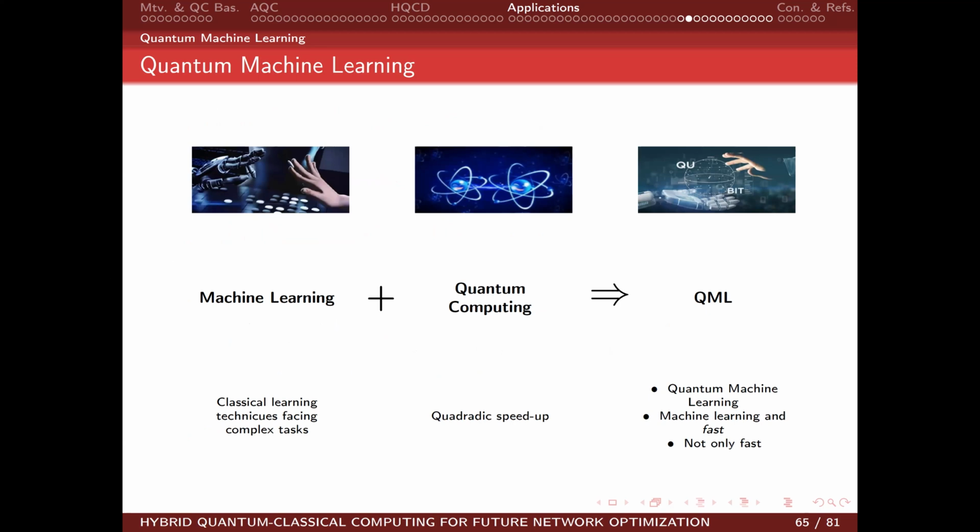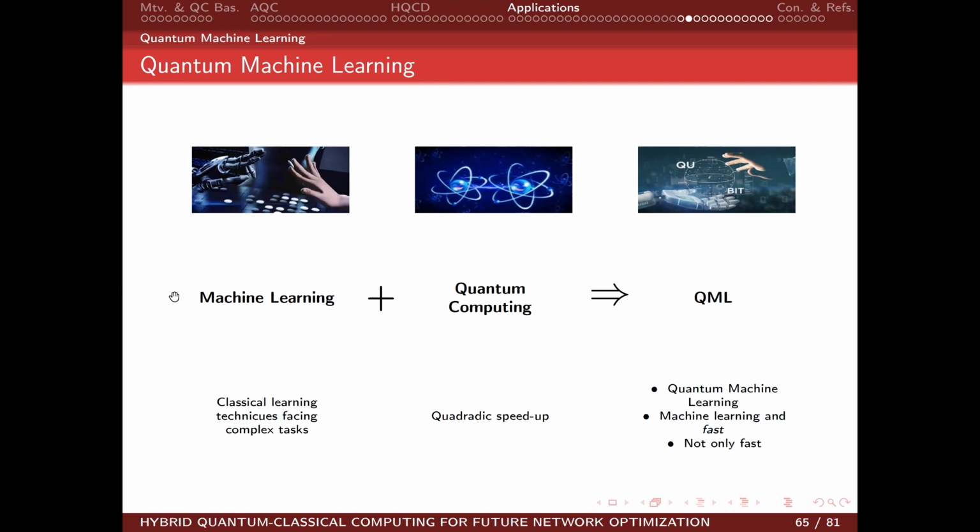And essentially, machine learning problems need to solve optimization problems. Here we want to take advantage of the quantum optimization algorithm to help speed up the machine learning training process.